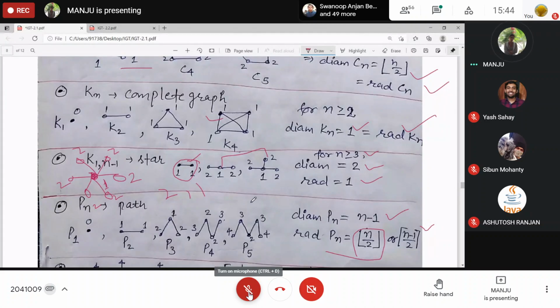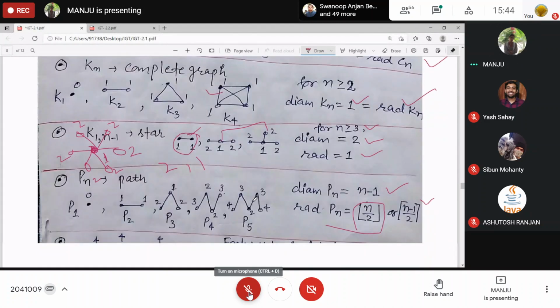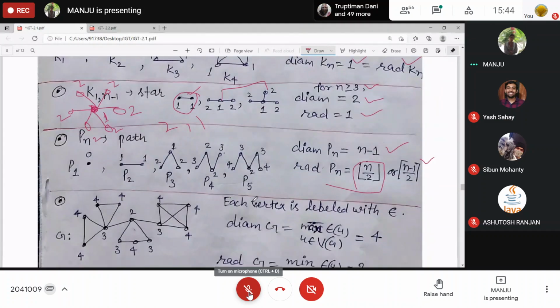Any doubt? Yes. In this graph, eccentricity of this vertex I already labeled. This is 4. Why is it 4?